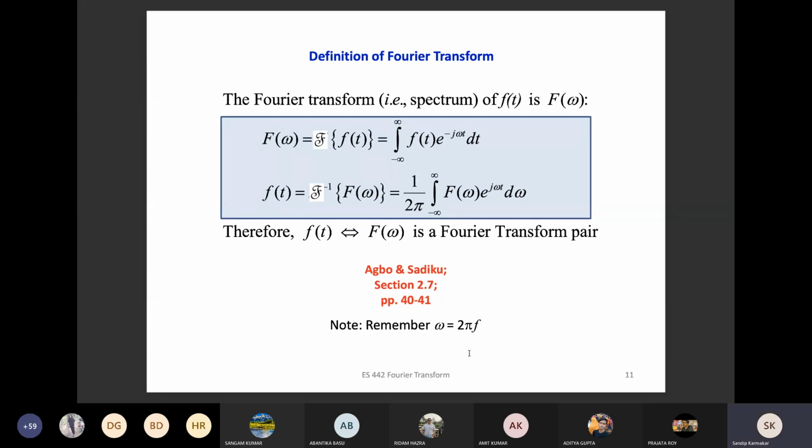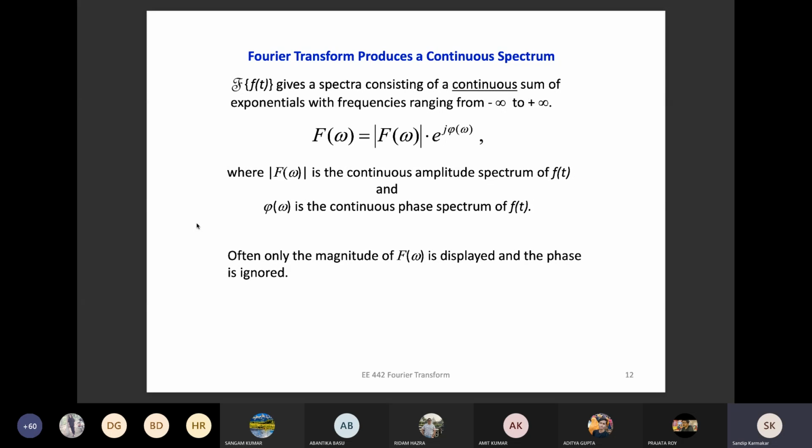Any other questions? And remember that omega is equal to 2 pi f, where f is the frequency. Any other question? Okay. Now, the Fourier transform produces a continuous spectrum. The Fourier transform gives a spectrum consisting of a continuous sum of exponentials with frequencies ranging from minus infinity to plus infinity.